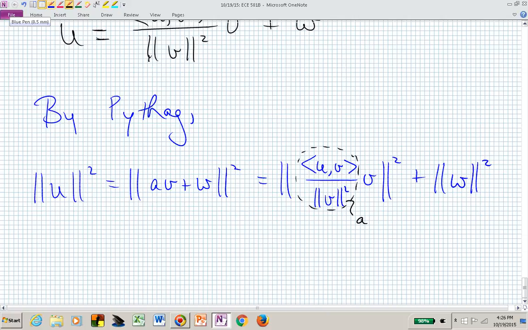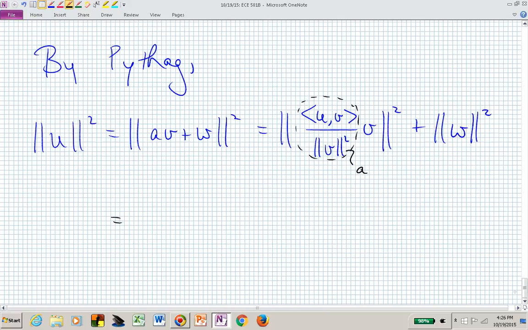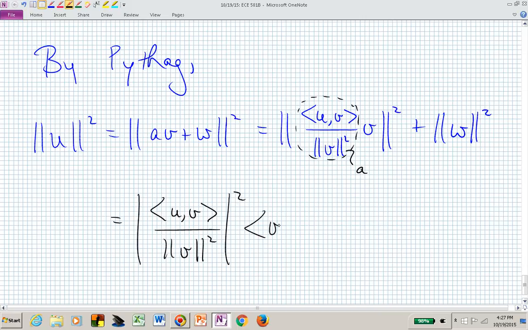We can rewrite all of these norm squareds in terms of inner products, so that if we pull out that a from the first term on the right, that's going to be the absolute value of a squared, and we now have v comma v, since that was the inner product of av with itself and we're pulling a outside, plus the norm of w squared.